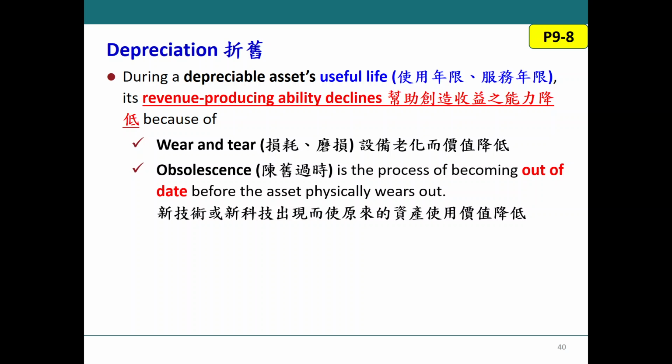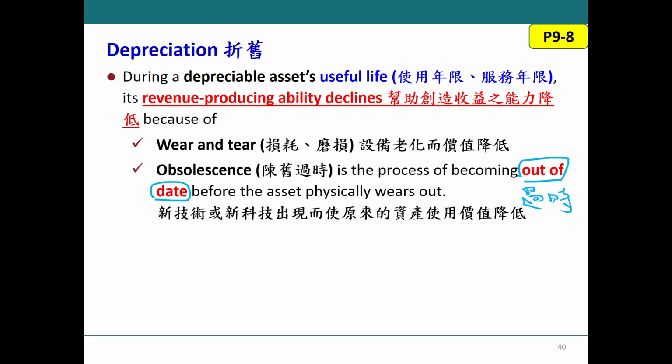But even though you don't use it, its ability and value will decrease. Why? Even though you just put it over there, you don't use it, it's because of out of date. Out of date, what does it mean? 过时。过时. It's like what? If you have an iPhone 15, right?